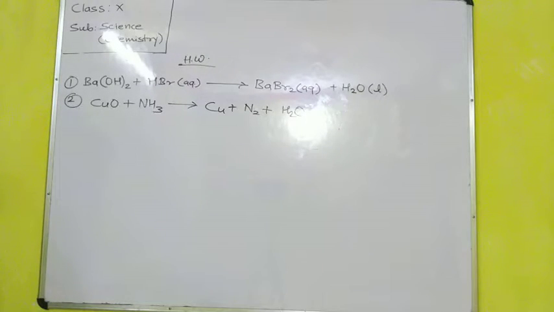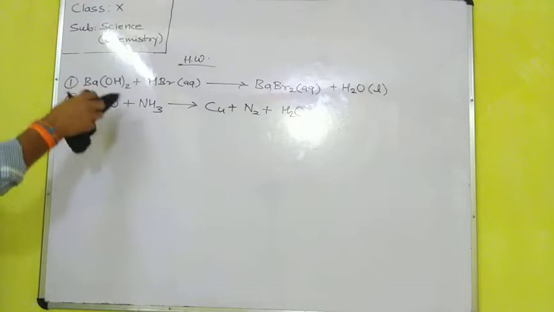The next topic which was remaining is balancing of ionic equations. How to balance an ionic equation? Suppose we have balanced the number of atoms on the reactant side and the product side.